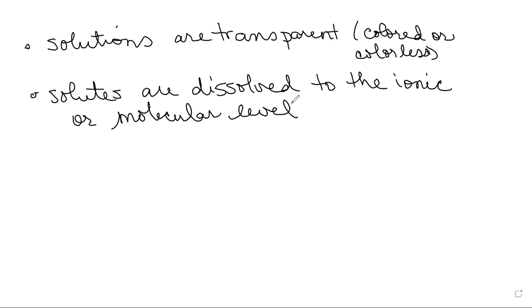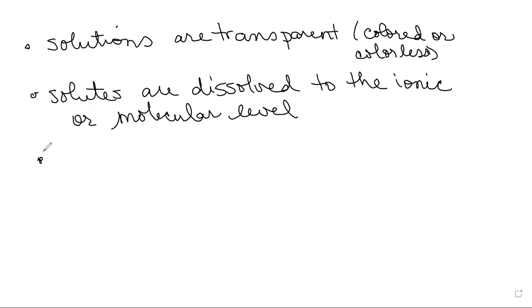So if you take, let's say, a tablespoon of sugar and you dissolve it in water, this sugar disappears. But it doesn't really. What happens is it's been dissolved and distributed amongst my solvent molecules, the water, to the point that it's on the molecular level. And so we can't see it because our eyes are not that good in order for us to see the molecules floating around.